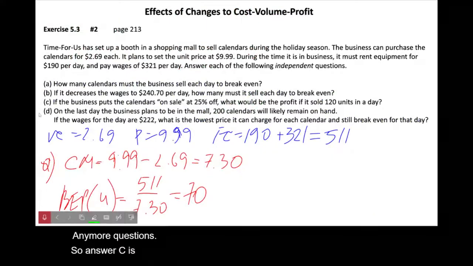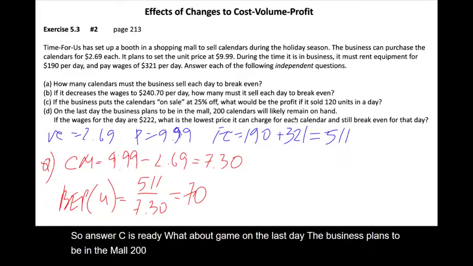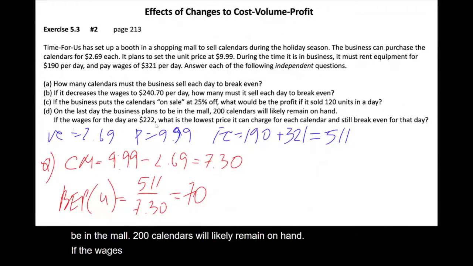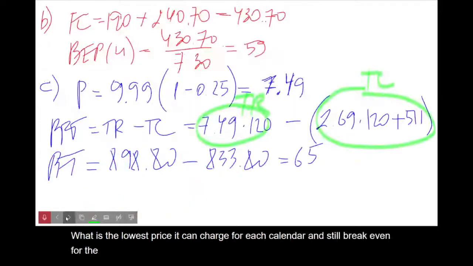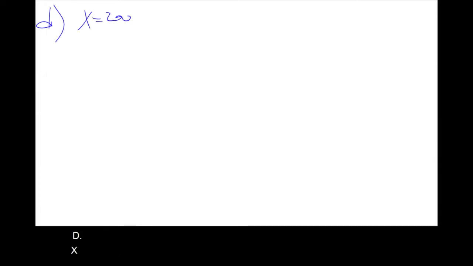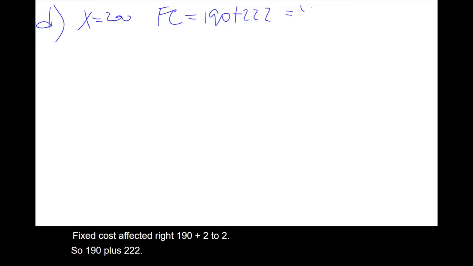What about D? On the last day, the business plans to be in the mall. 200 calendars will likely remain on hand. If the wages for the day are 222, what is the lowest price it can charge for each calendar and still break even for the day? So let's see. D. X is 200. Fixed cost is affected, right? 190 plus 222, so 412.